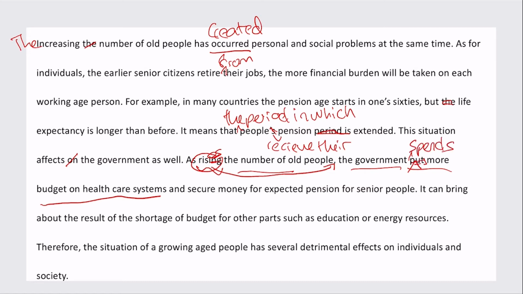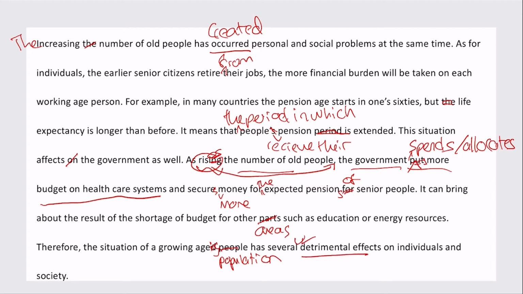So the government spends more budget on healthcare, or the government allocates more budget on healthcare systems and secures more money for the expected pensions of senior people. It can bring about the result of the shortage of budget for other parts. For other areas, parts is too vague, such as education or energy resources. Therefore, the situation of a growing aging population has several detrimental effects, good word, on individuals and society.